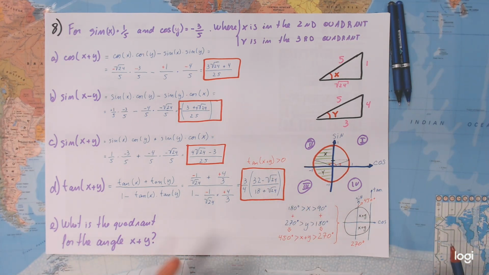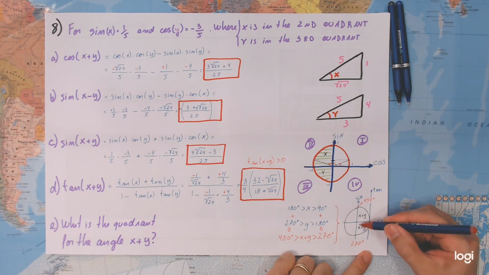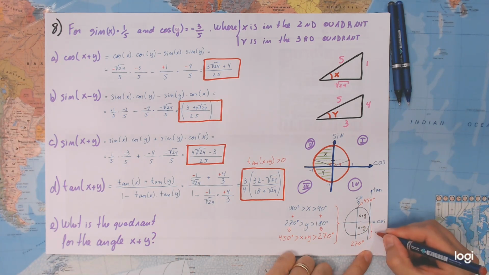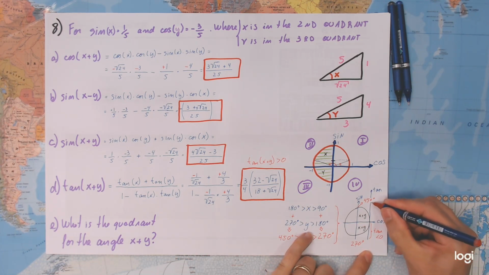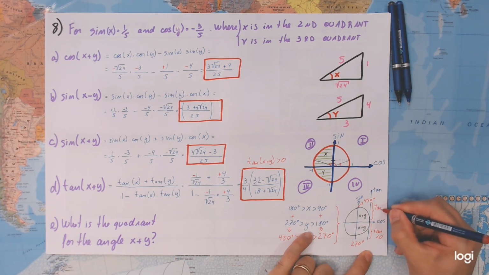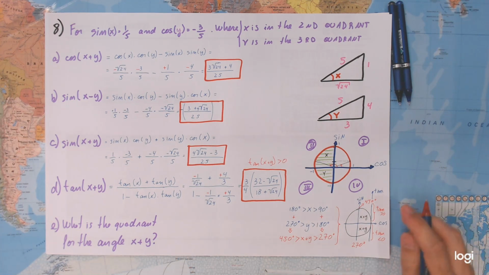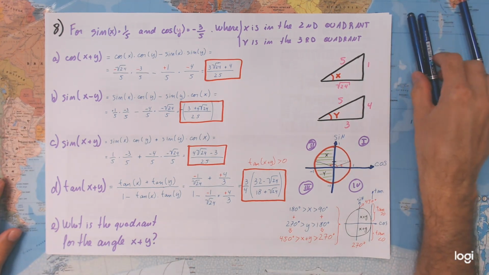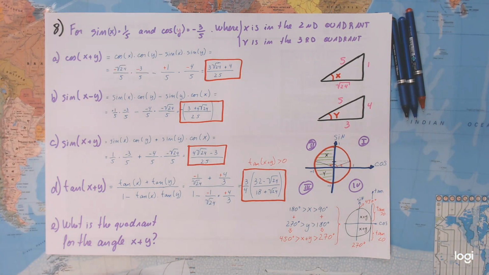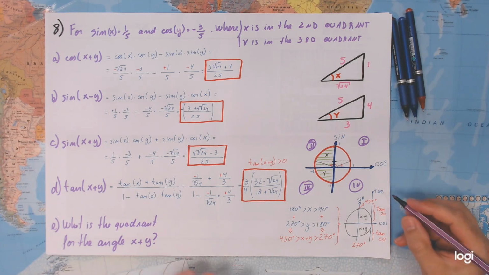Okay? If we just choose this quadrant in here, we get a negative tangent. In this portion, tangent is positive. Therefore, what quadrant are we in? In the first one. We gotta be in here.